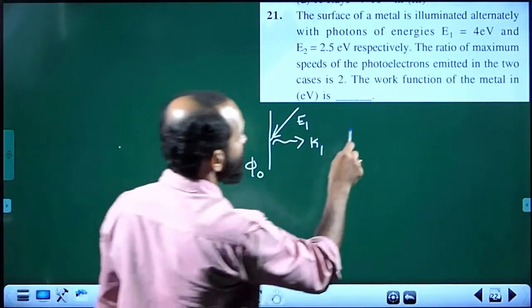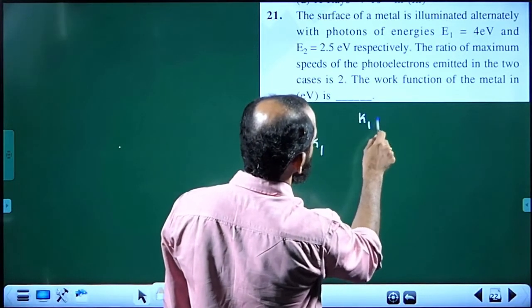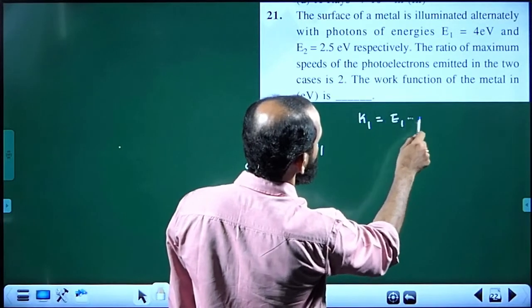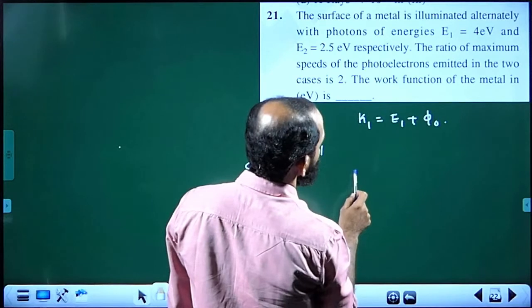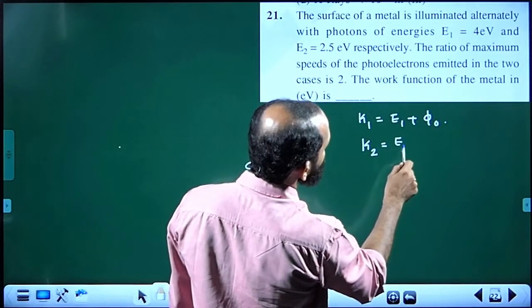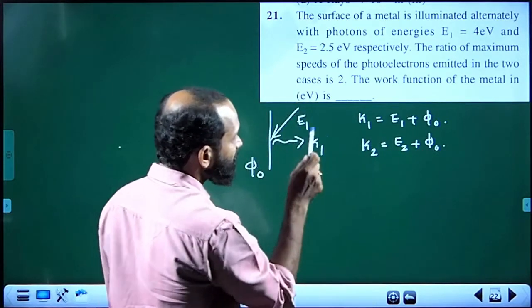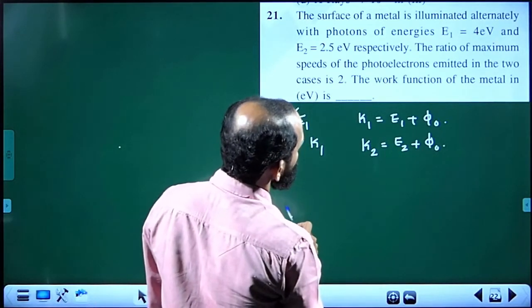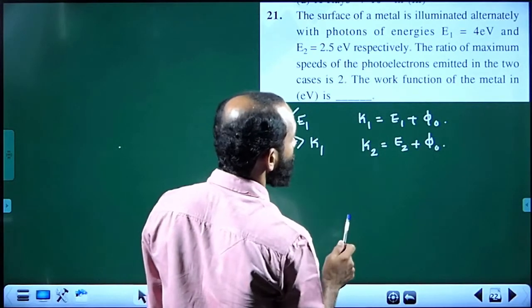How to write that equation? That is K1 is equal to E1 minus phi 0. Similarly, in the second case K2 is equal to E2 minus phi 0. Let us take the difference or the ratio, whatever, for finding this work function.